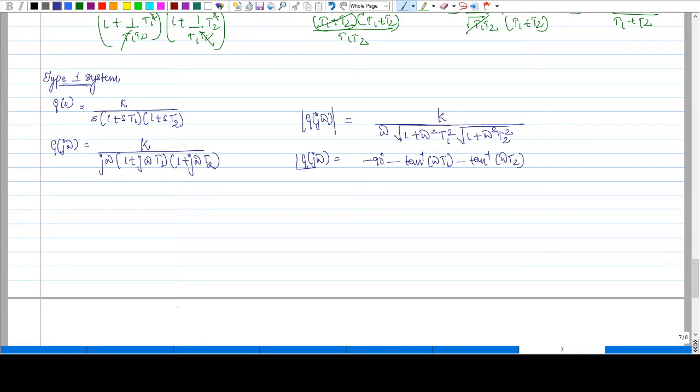Now we need to find out the real and imaginary part separately, for which we need to rationalize this expression.